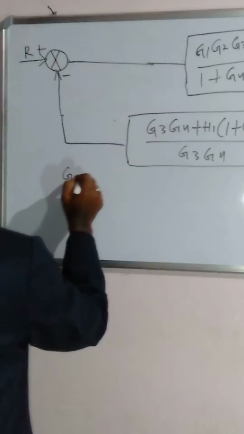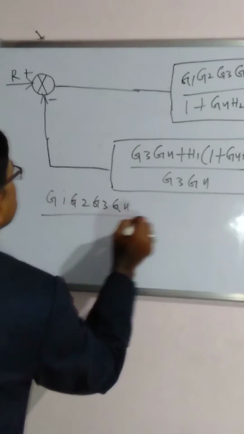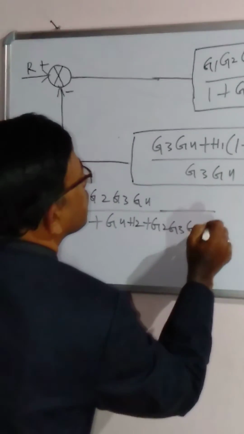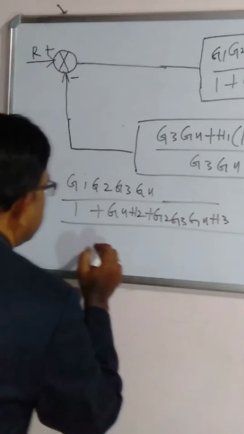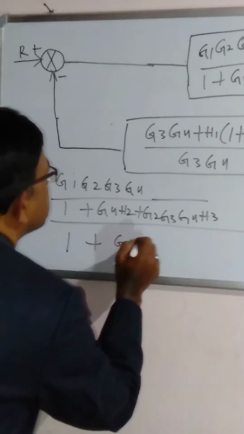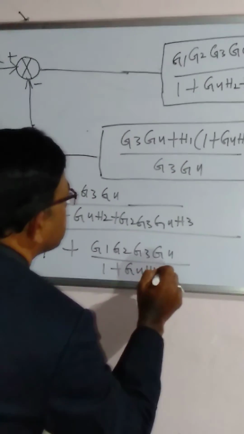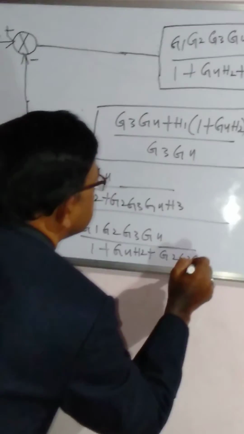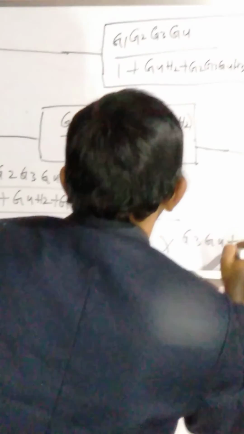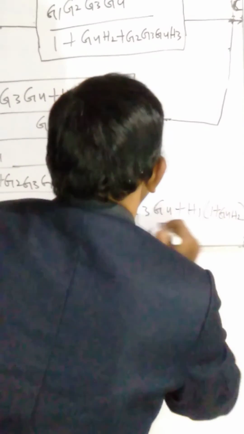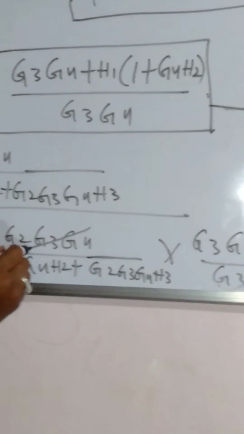This will be G1 G2 G3 G4 by 1 plus G4 H2 plus G2 G3 G4 H3, divided by 1 plus G1 G2 G3 G4 by 1 plus G4 H2 plus G2 G3 G4 H3 into G3 G4 plus H1, 1 plus G4 H2 by G3 G4. So this G3 G4 will be cancelled.